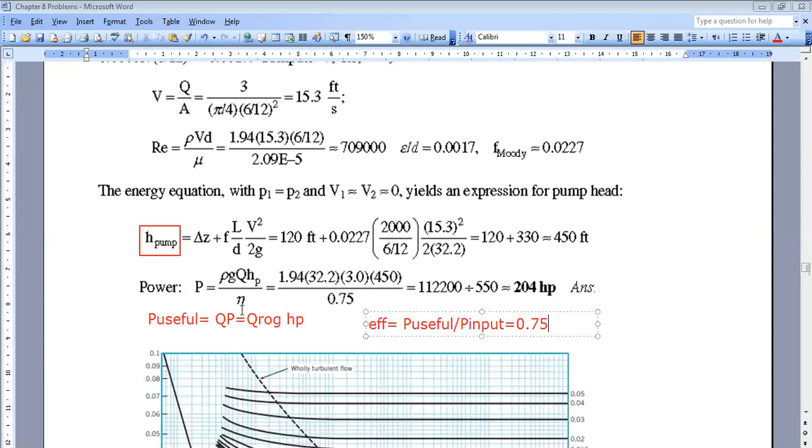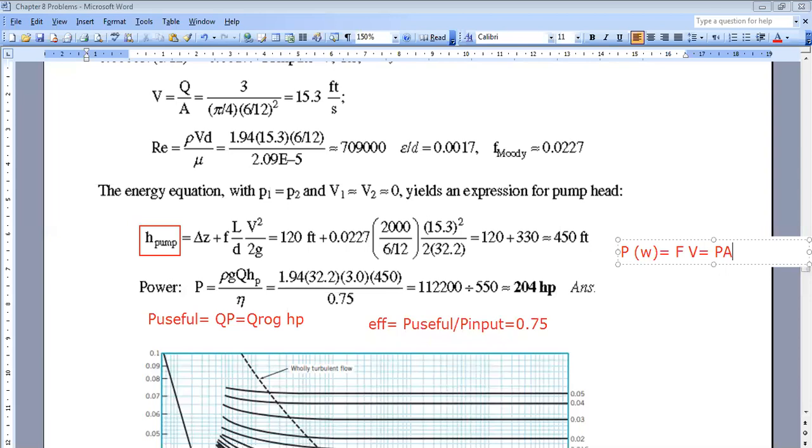The equation we know is P equals rho G Q H over efficiency. Last time I introduced it to you. The power as a unit is in watts. If you have taken a dynamics course, power can be calculated as force times velocity, and the force as a unit is equivalent to pressure times area.